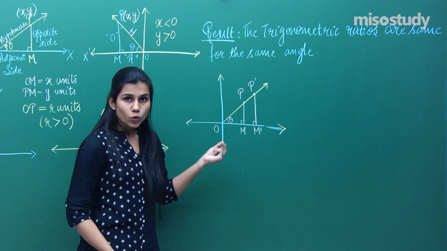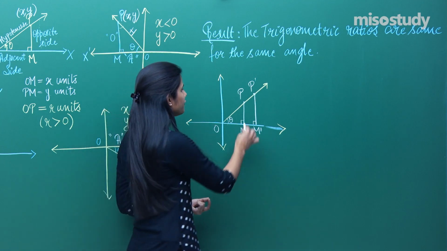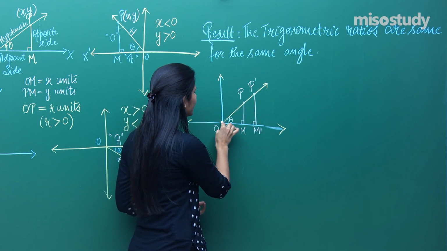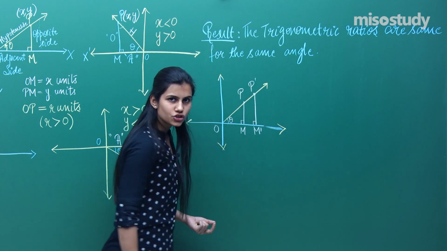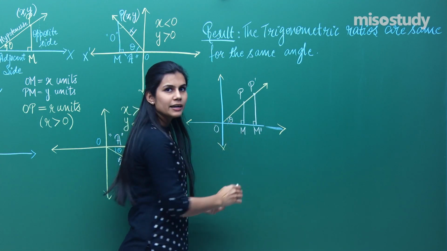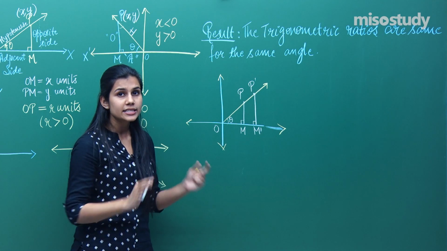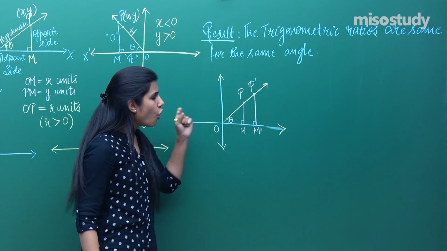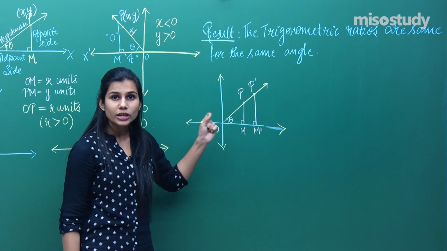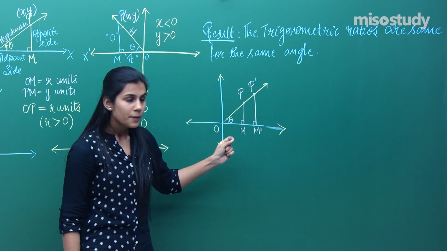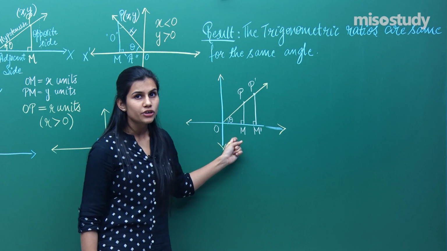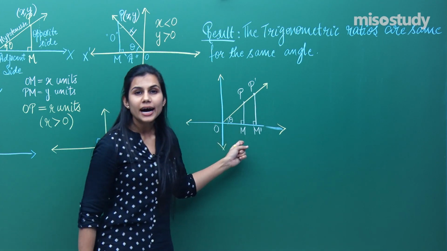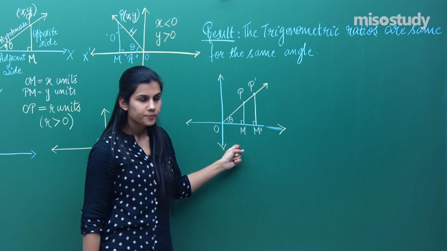And now we need to understand that if you have triangle OMP or the triangle OM dash P dash, because the theta in both the cases is sitting in the same position with the same measurement, that is why all the trigonometric ratios are going to come out to be the same, because it is the angle over which the trigonometric ratios are dependent and not on the size of the triangle.